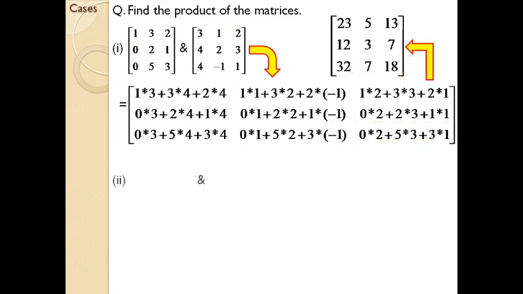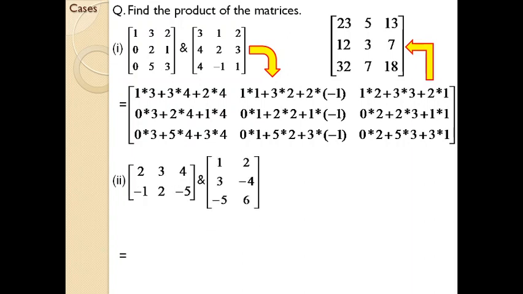I hope you understand the concept. So for the time being, please guys, try to do this matrix as a homework.